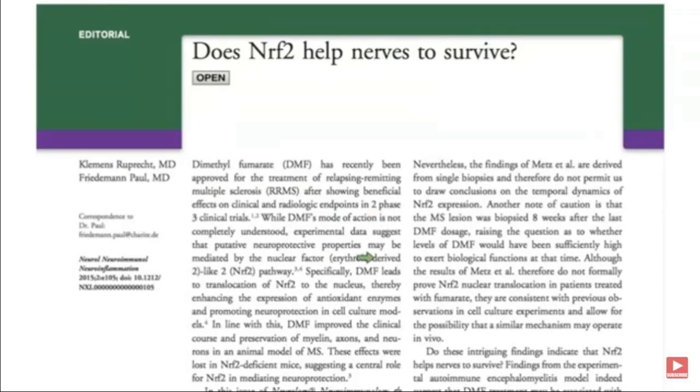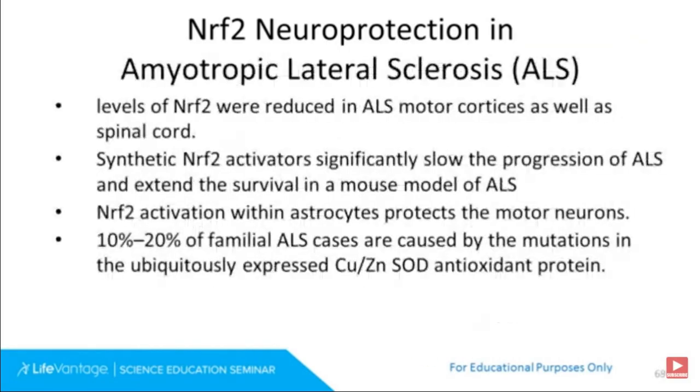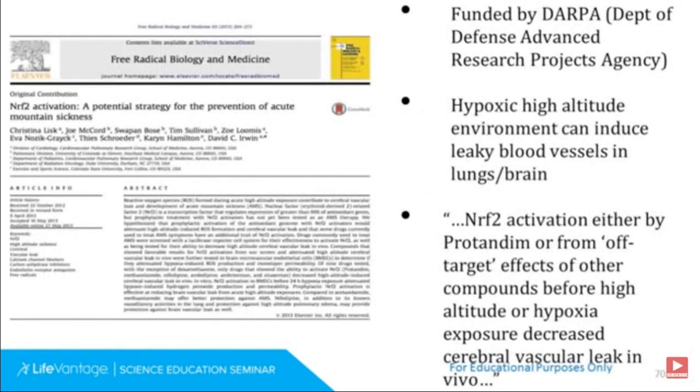It would appear so from all the research that's been done. And if you look at Huntington's disease, they've shown promise in the treatment of Huntington's disease with Nrf2 activation. ALS, active studies going on right now, and I had a phone call with a researcher from Duke University last week who wants to do more research with regard to Nrf2 in ALS. So an active area of research once again.